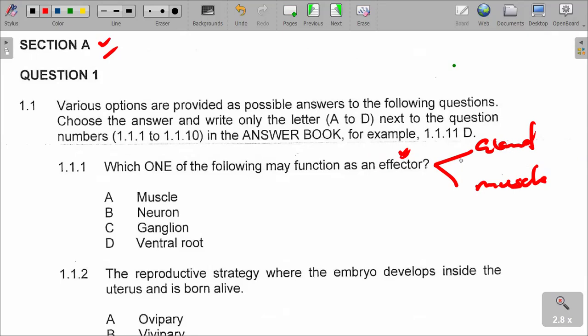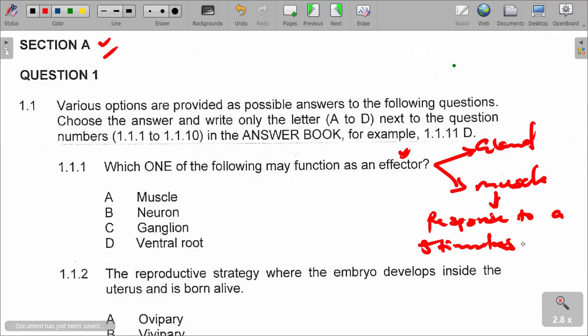The effector organs are there to ensure that we have a response to a stimulus.